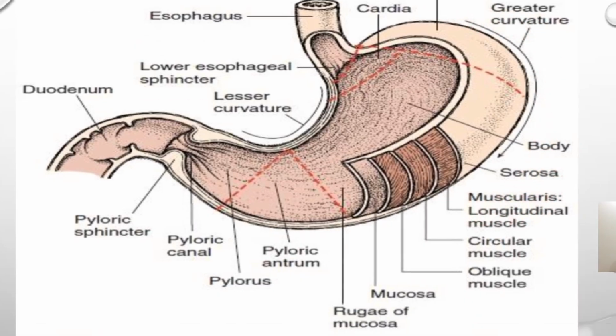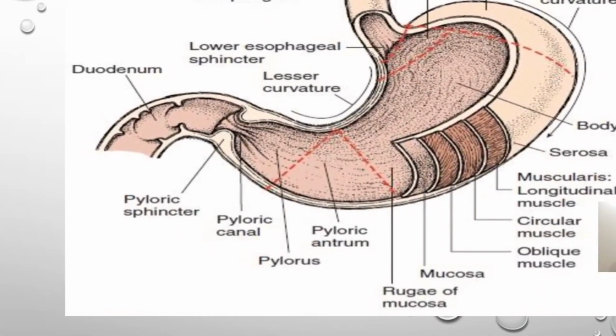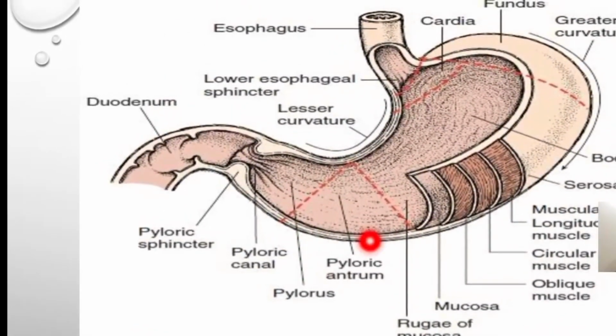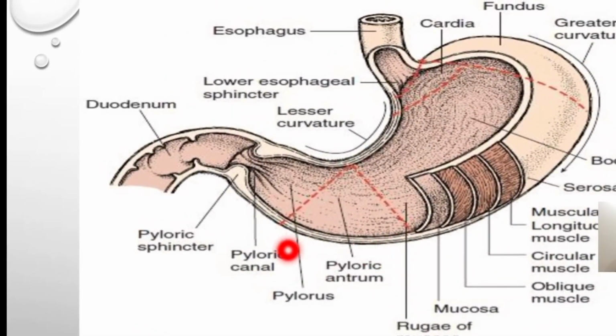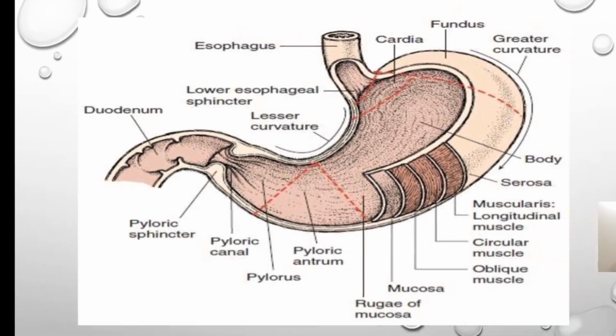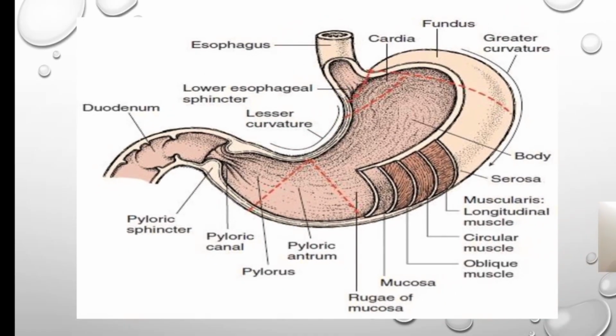These are the layers of the stomach, and after that, pyloric antrum, pyloric canal, pyloric sphincter, duodenum, lower esophageal sphincter, lesser curvature, esophagus. This is the structure.